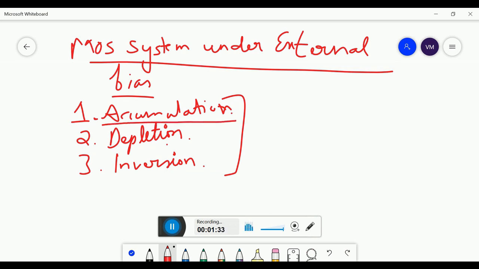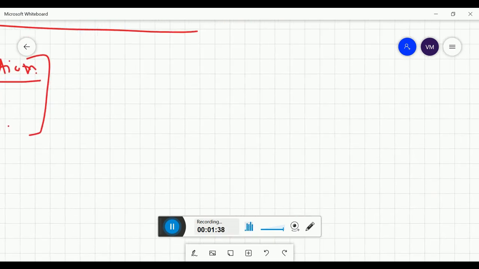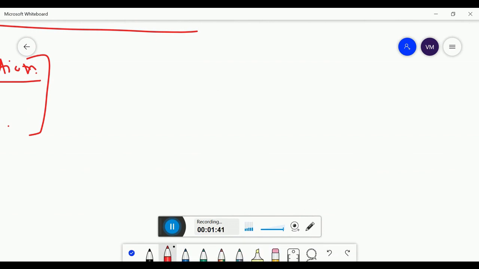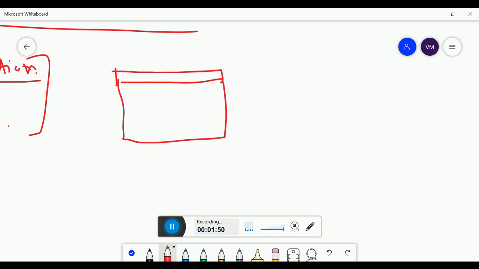Let us consider the first kind of arrangement, that is accumulation mode. So what happens in accumulation mode? You take the same MOS which you have already taken, this rectangular p-type terminal, then a silicon oxide, then a metal gate and a gate terminal attached to it and a substrate terminal attached to it. So what I am doing, I am applying a gate voltage here, VG, and I am applying a substrate voltage here which I have kept equal to 0.